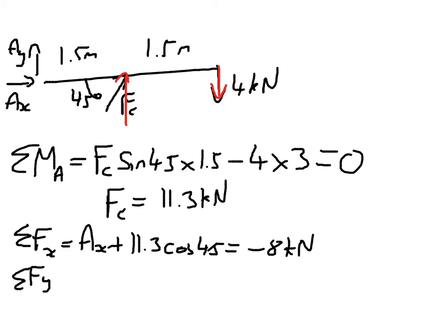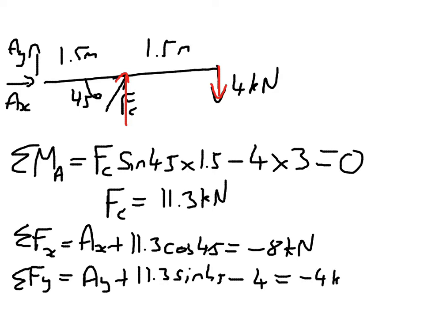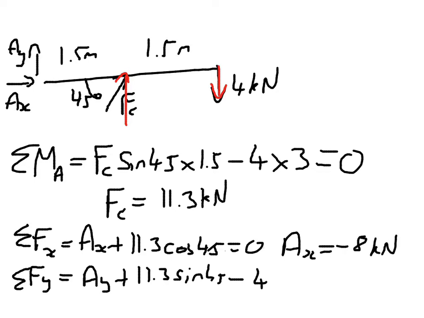The sum of the forces in the y direction is going to be AY plus 11.3 sine 45 minus 4, that equals 0. Sorry, I've written these slightly wrong. That could be very ambiguous, very confusing for you. Rearranging, AX equals minus 8 kilonewtons, and AY is minus 4 kilonewtons.